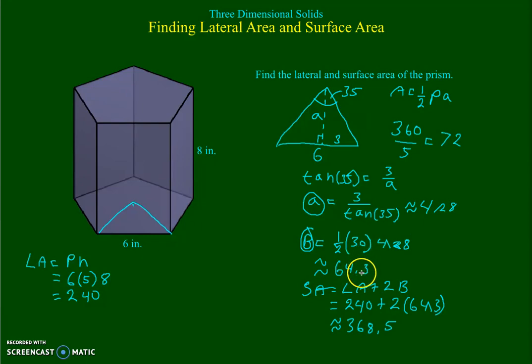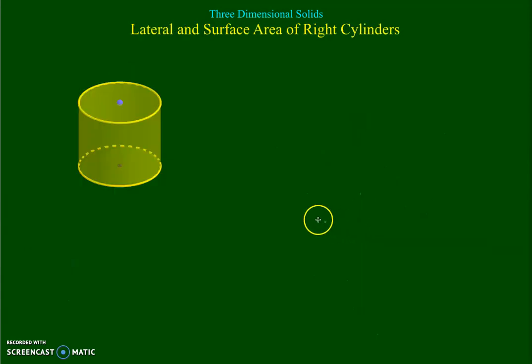Okay, next we're going to talk about lateral and surface area of cylinders. Here we have a cylinder, and just as we did with the prism, I want to break this down into its constituent parts. Here we have the base. This is one base of the cylinder. This is a second base.